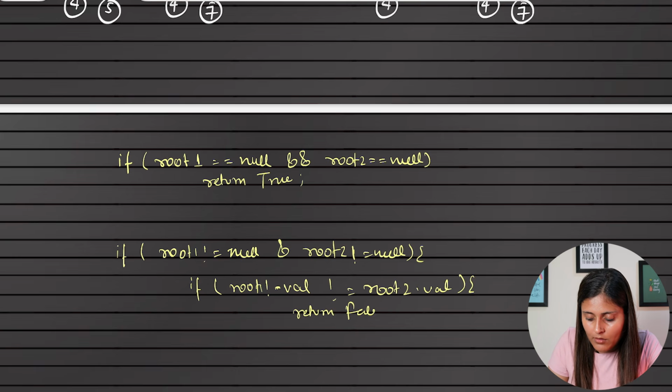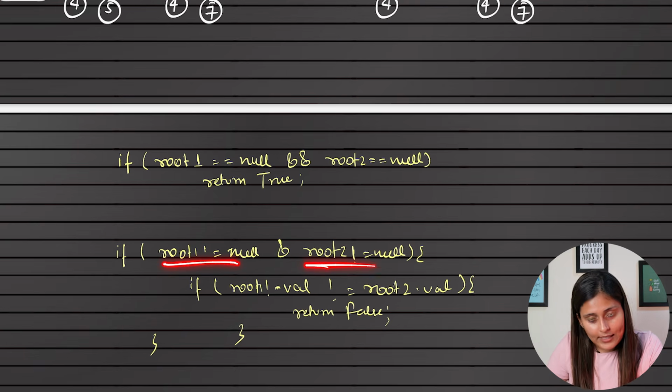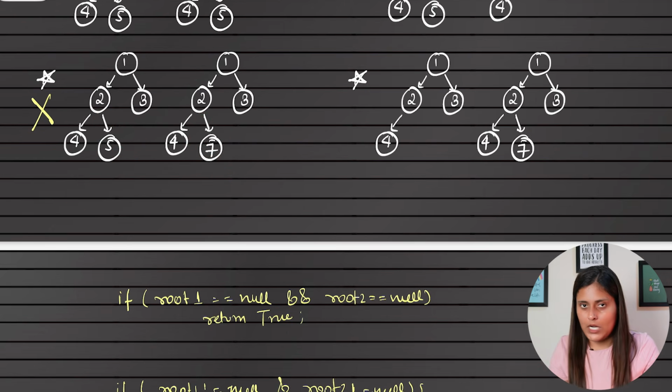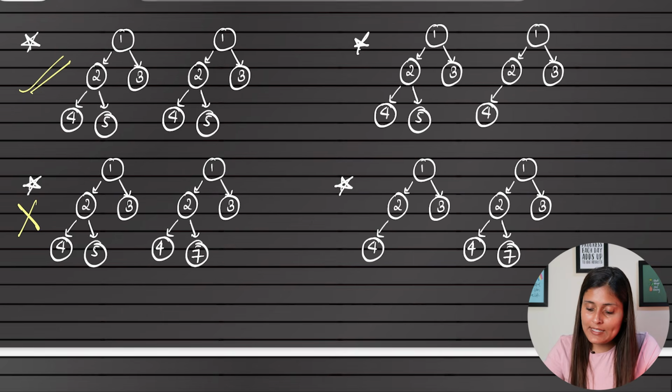Return false. Why did I say this? See, I said both exist and their values are not the same. Here also both existed and their values were not the same. So can I return false? Done. Now let's see example number 3.